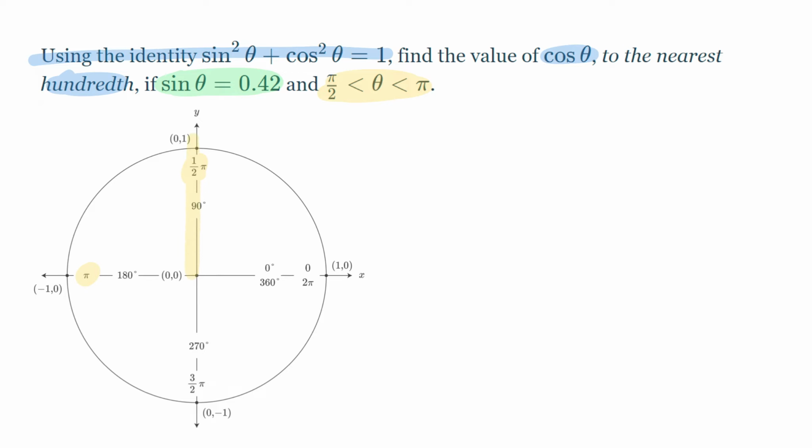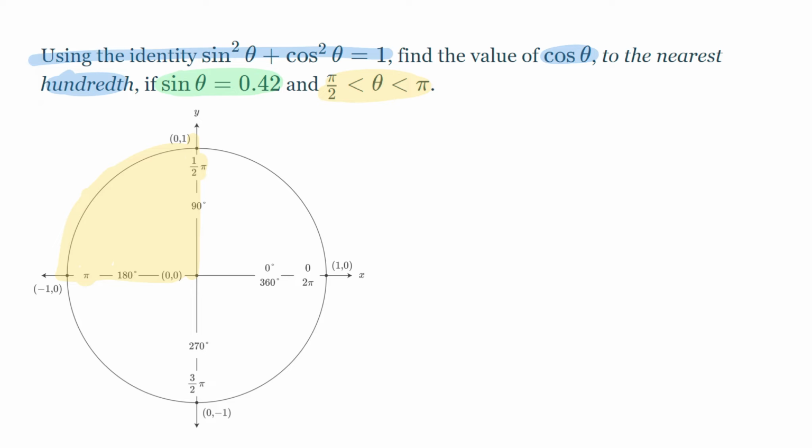So essentially what they just told me was we're in the second quadrant. So let's talk about what they asked for. They asked for cosine. Well, cosine in the second quadrant is always negative. So even if I don't remember any of this, if I have multiple choice, keep that in mind. Cosine's negative because we are in the second quadrant here.